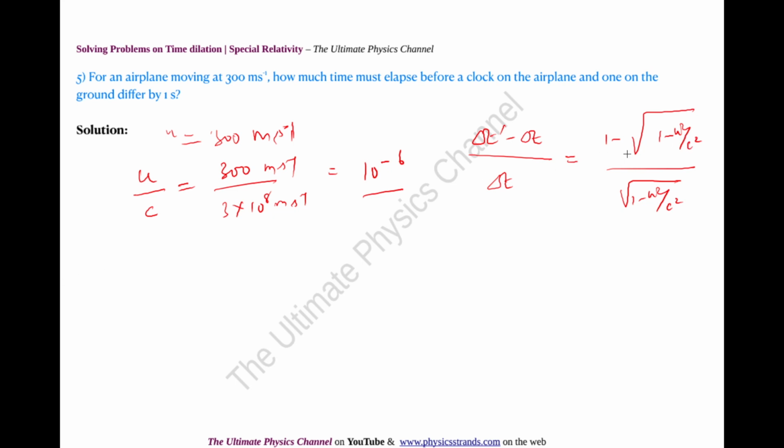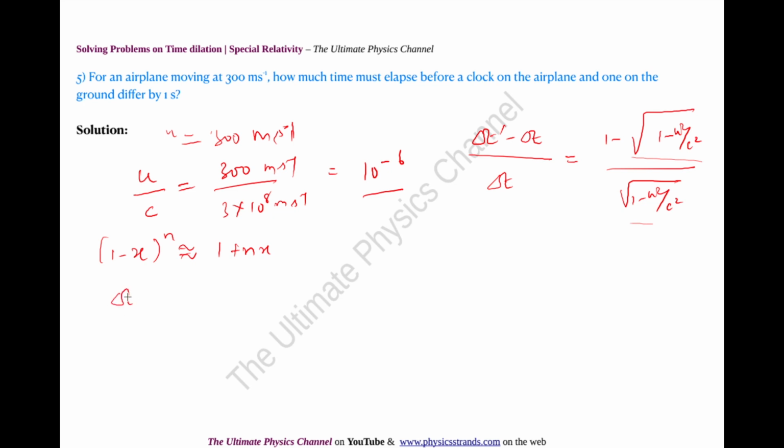But the problem is, if you substitute u, it is 10 power minus 6 squared, that becomes 10 power minus 12 here, and c squared is 9 into 10 power 16. So that is going to get very clumsy. The best way to resolve that issue is to go for binomial expansion of these two terms, using the formula 1 minus x power n is equal to 1 plus nx. Additional terms are ignored here as well.